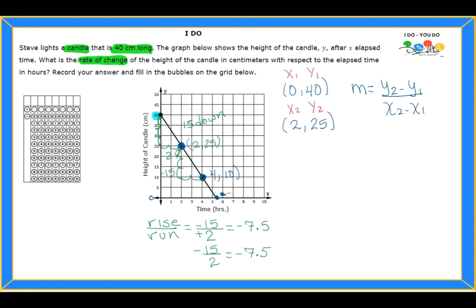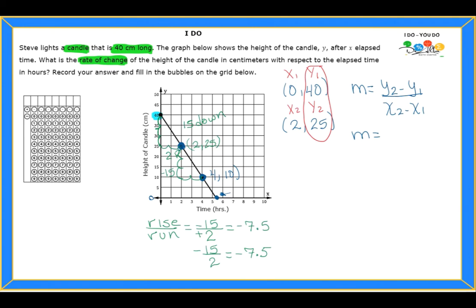You can use any points that are on my graph. I'm choosing these 2 points, but you're totally okay if you want to use another one. As a matter of fact, I will challenge you. Choose the other 2 points. You should get the same answer that I'm getting. Is that right? Okay, so let's move on.